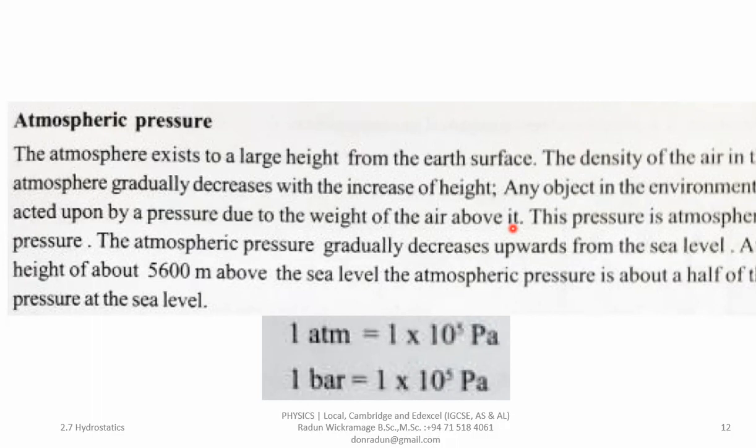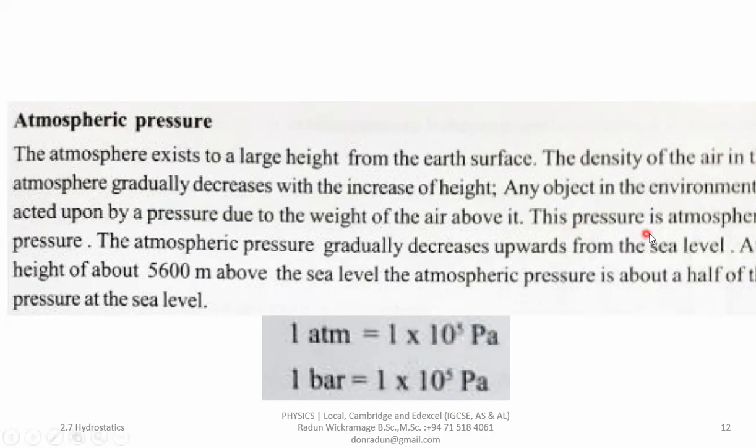Here we are at 10 to the power 5 Pascal pressure. That is the atmospheric pressure. Our bodies are adapted to that. But in space, we don't have that pressure. So the spacesuit should provide this pressure to the bodies of the astronauts. There are some other purposes for those suits, but that is one of the purposes of having spacesuits.